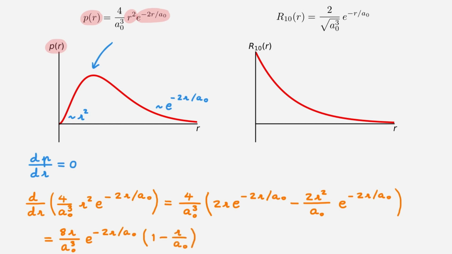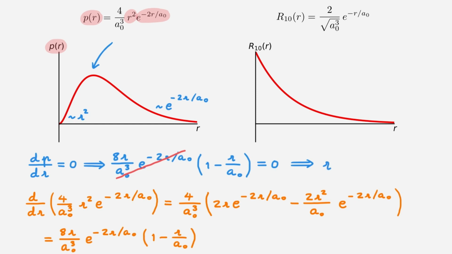Going back to our derivative at the top, we get this condition for the maximum. We can cancel these terms as they're positive, and we find that the maximum is for r equal to a0. And this means that the maximum here is located at a distance a0 from the origin.